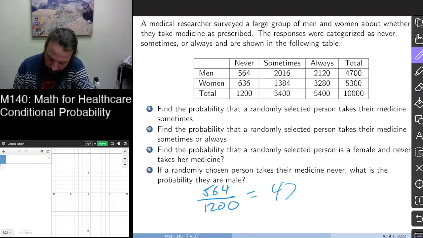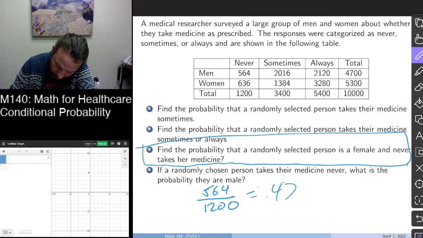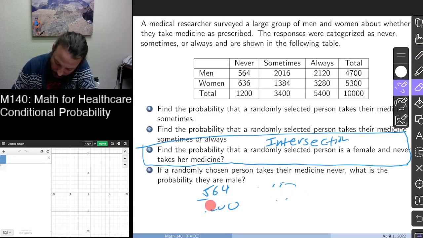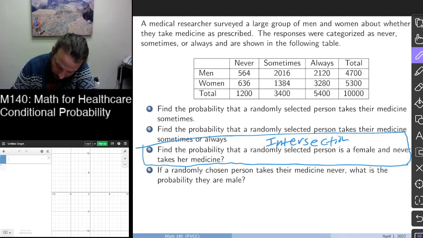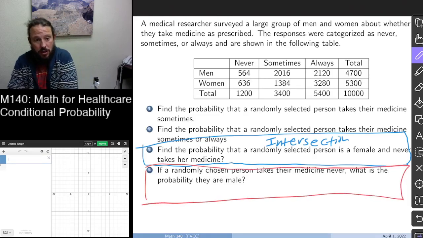All right, good. Now, the tricky thing is distinguishing between this third one, female and never, where that's an intersection. We're looking for the probability of an intersection, and it's and. And then over here, number 4, that's a new thing. And notice the sample space changed.